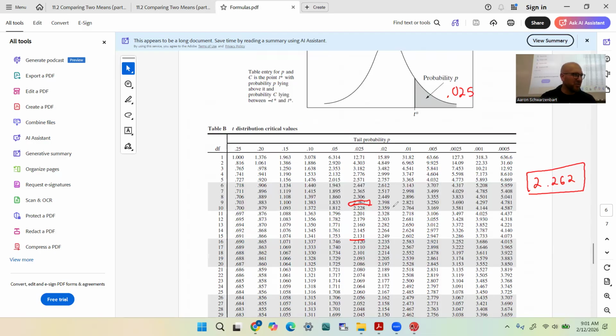That's why that formula becomes valuable. If it was pooled, it would have been 19, 2.093. Not a huge difference there, but having that becomes very valuable because all of a sudden, oh, that does make a difference. It's not a huge difference, but this interval wasn't quite enough, even with the higher degrees of freedom.